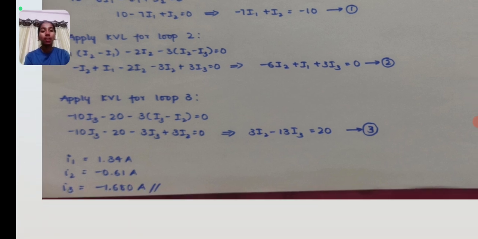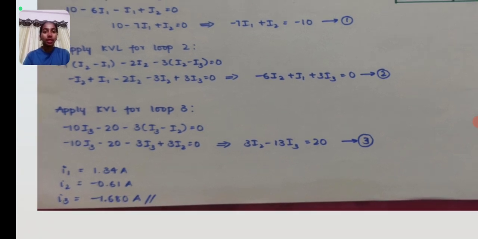Now apply KVL for loop 3. That is minus 10 I3 minus 20 minus 3 (I3 minus I2) is equal to 0. On further simplification, we'll get 3 I2 minus 13 I3 is equal to 20, which is considered as equation 3.